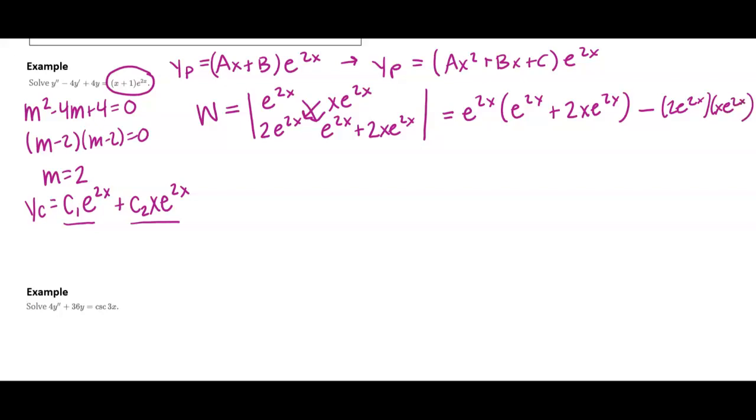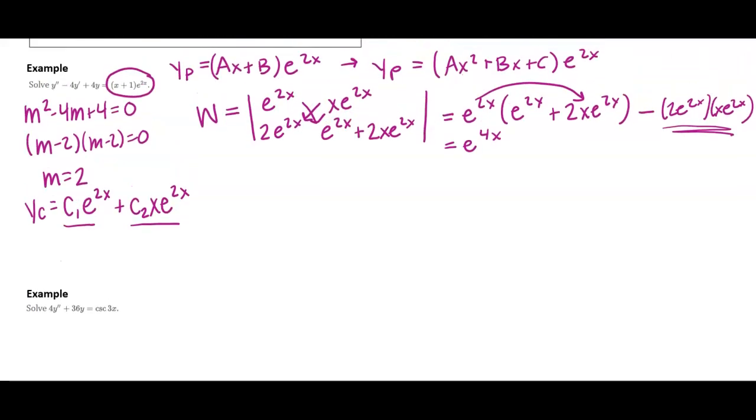Now, when I distribute here, notice that that's the same term as this right here. So I end up getting just e to the 4x. So I'm only left with this piece, because this piece and this piece cancel.